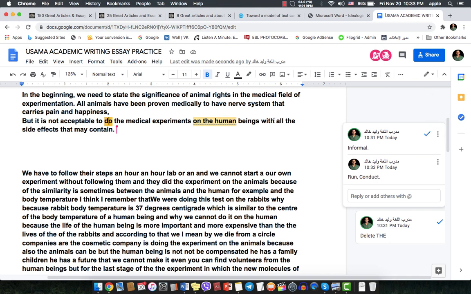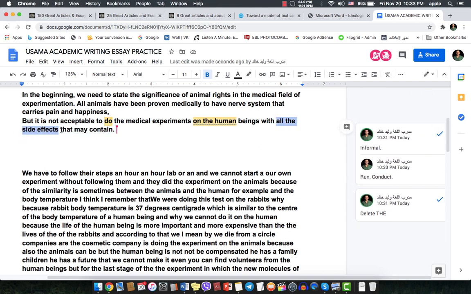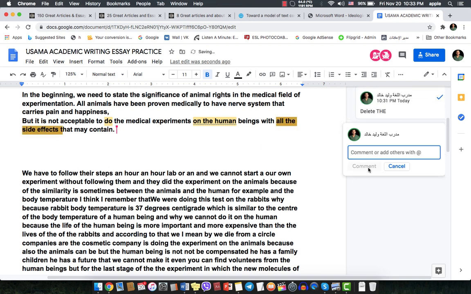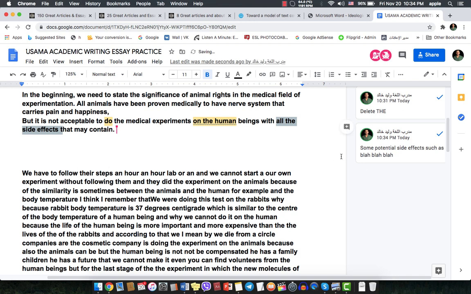Instead of "all the side effects," we can say "some potential side effects, such as blah blah blah," and then in the next paragraph you build and elaborate on the three side effects and whether they are potentially relevant to the statement in the first paragraph or not.